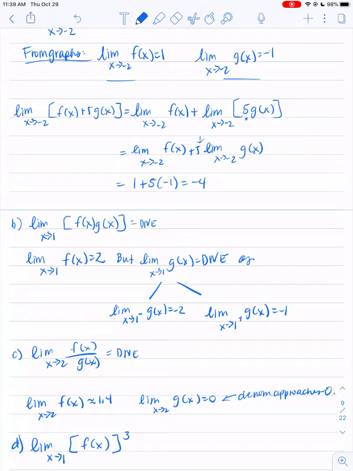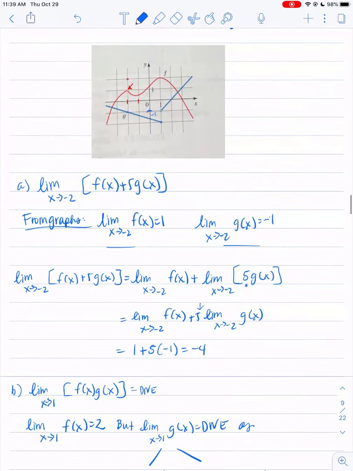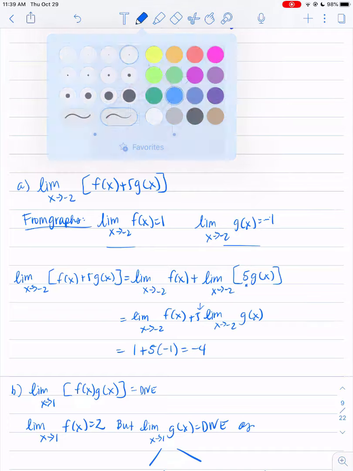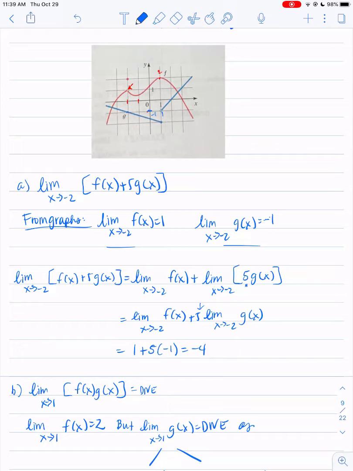Okay, and then for the limit as x approaches 1 of f of x and g of x. So let's look at our graph. So the limit as x approaches 1 for f of x, that's this value here. So that's 2. And then the limit as x approaches 1 of g of x, let's see. So for g of x, I have a jump discontinuity.